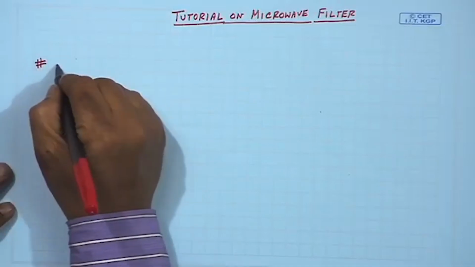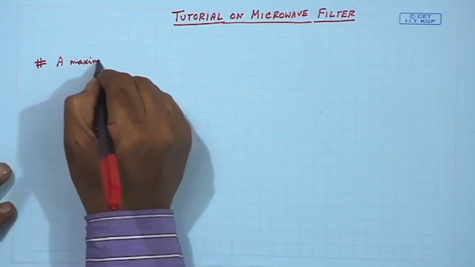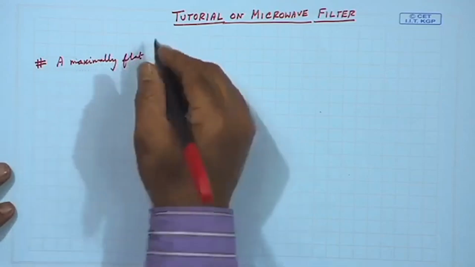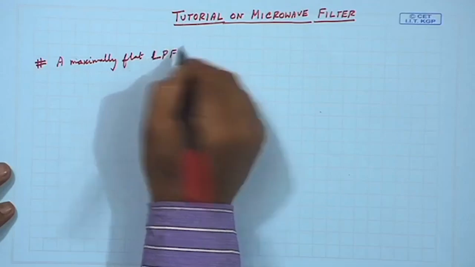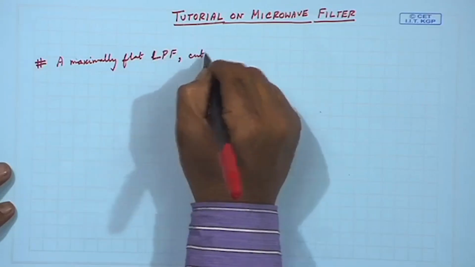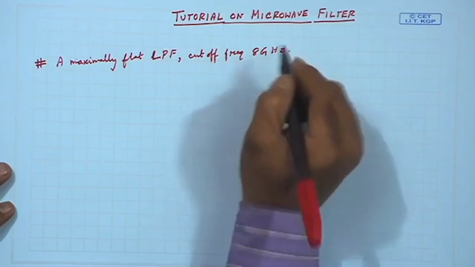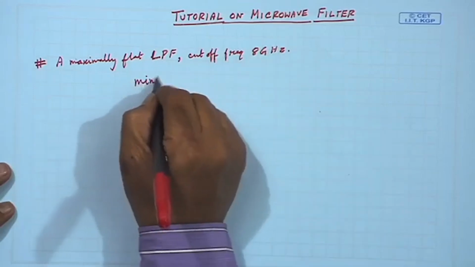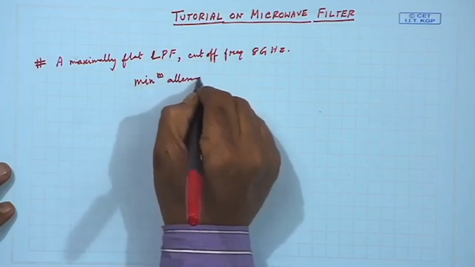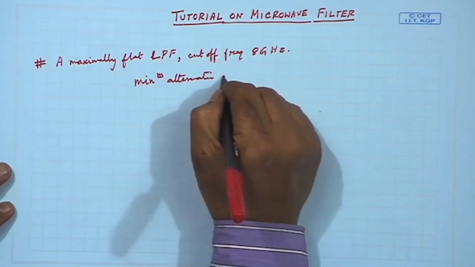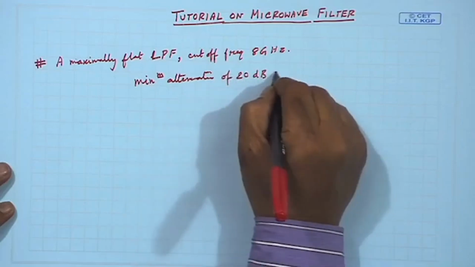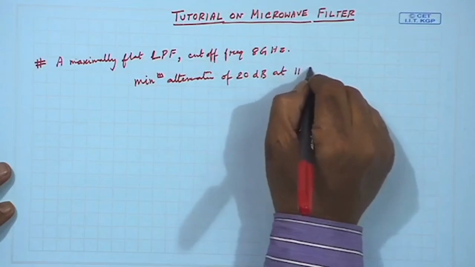Suppose we want, let us say, a maximally flat low pass filter to be designed for a cutoff frequency of 8 gigahertz, with a minimum attenuation of 20 dB at 11 gigahertz.